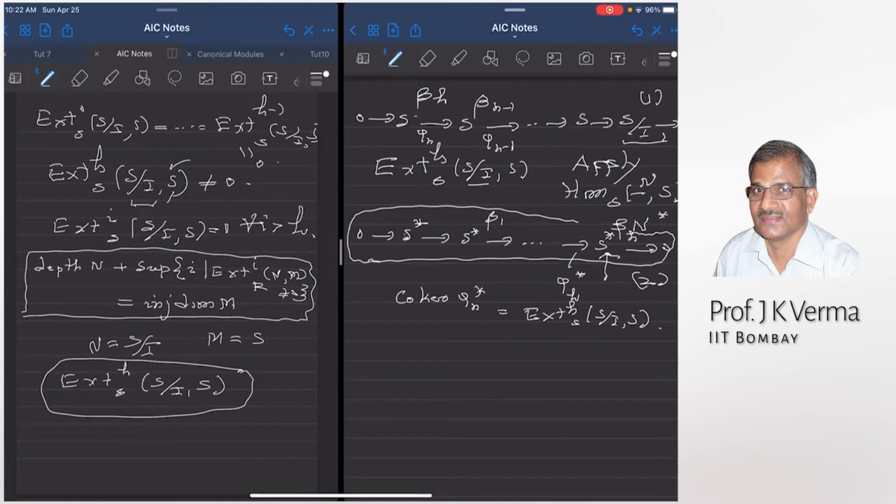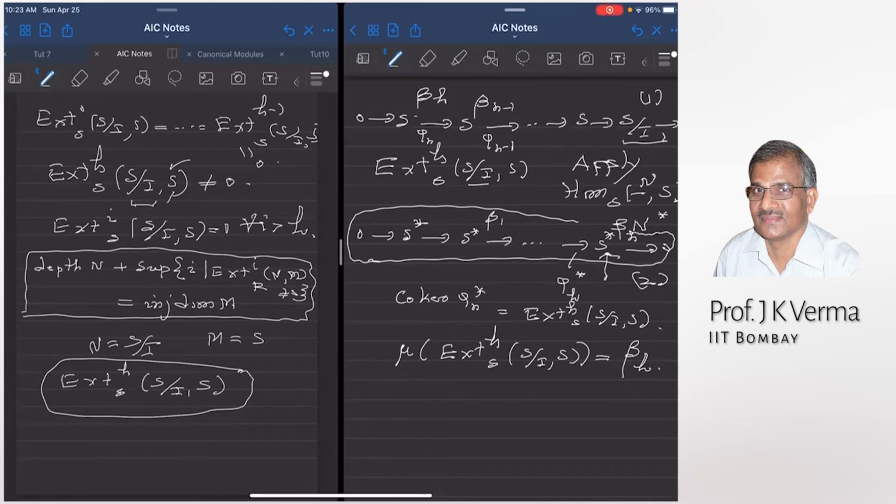And so when I put the cokernel, I will get a minimal free resolution of the Ext. So what is the number of generators of the Ext? Beta H. That is beta H.